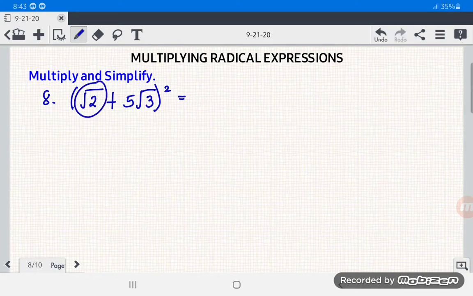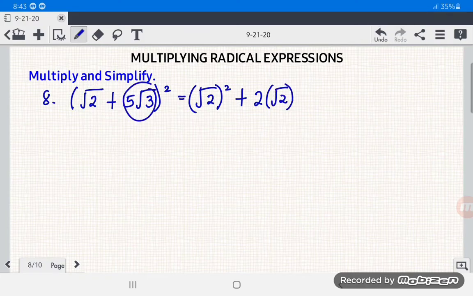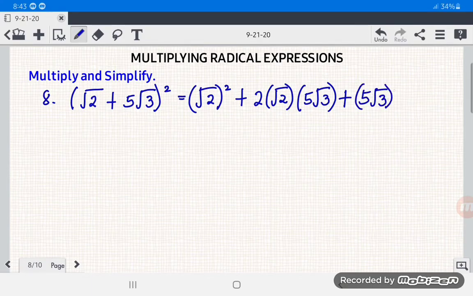We're going to get the first term, square root of 2, square it, plus twice the product of the first term and the second term, 5 square root of 3. Then plus 5 square root of 3 squared, the square of the second term. Then we have square root of 2 squared, we have 2.